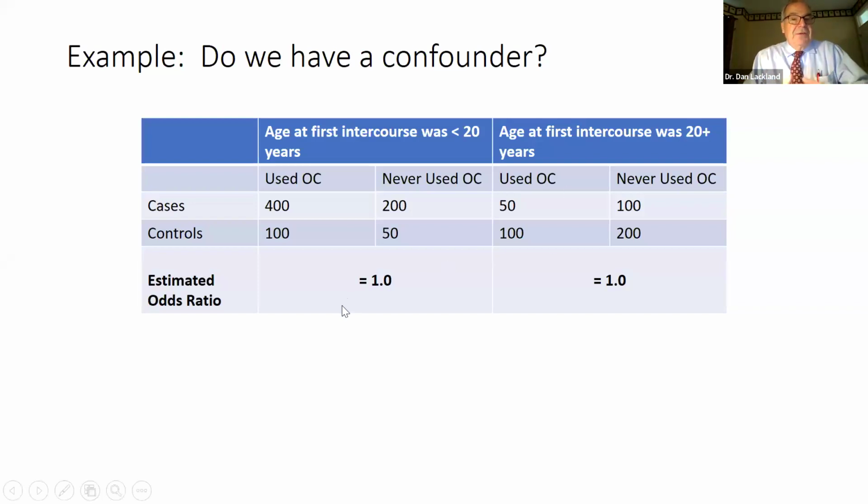Well, we're now seeing, where we're doing that subgroup analysis, we're saying maybe yes, indeed, that when I calculate my odds ratio for oral contraceptive use and cervical cancer, I come up with an odds ratio of 1 in the younger group and an odds ratio of 1 in the older group, indicating that I do have a confounder. There is a confounding effect in this particular case looking at age at first intercourse.